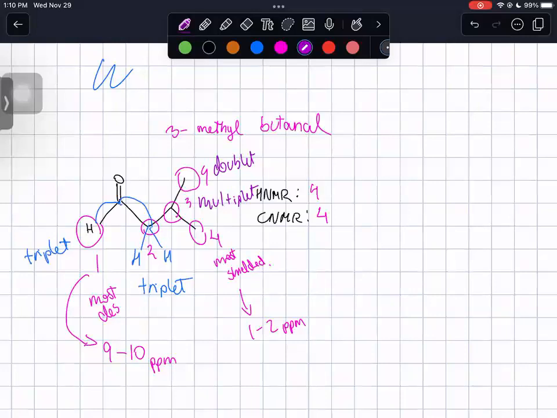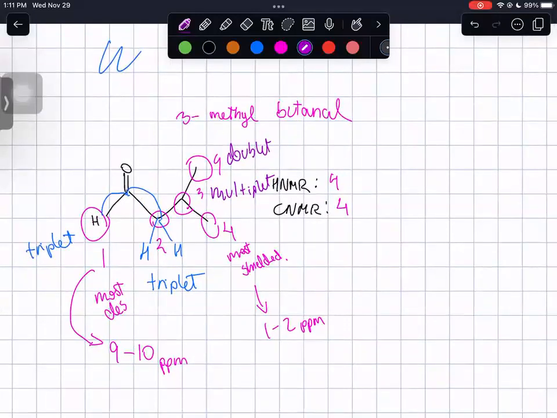What do we think? The J values. So whenever a molecule has something more than just a singlet, so we have a doublet, that molecule is showing spin-spin splitting. But if we just have pure singlets, that molecule is not showing spin-spin splitting. Simple as that. It just sounds funny.